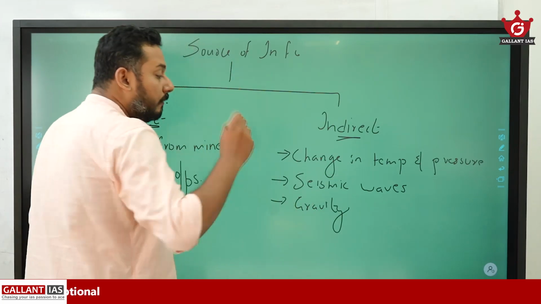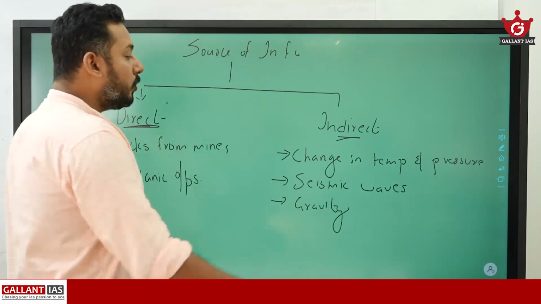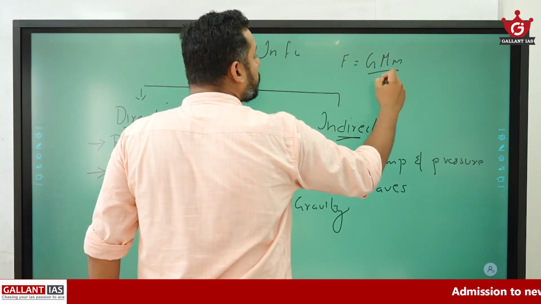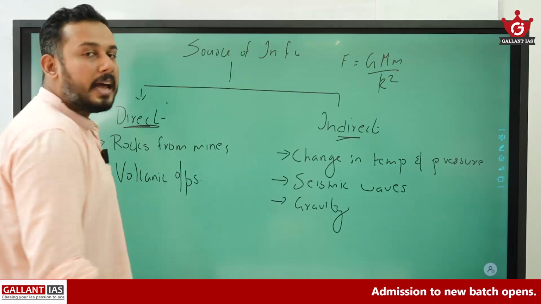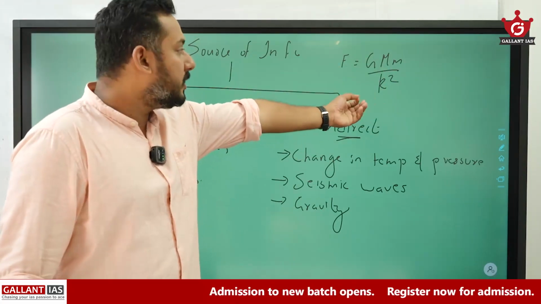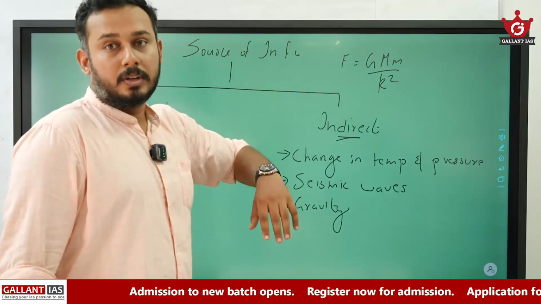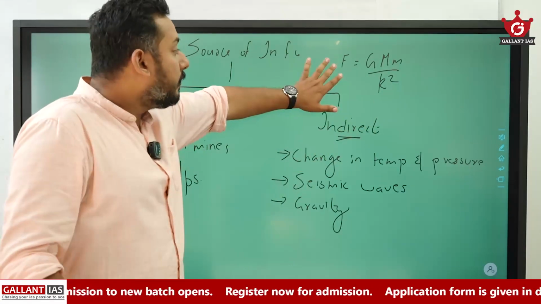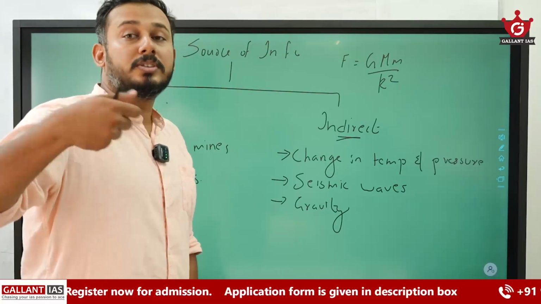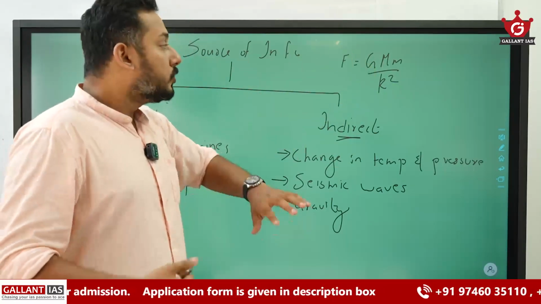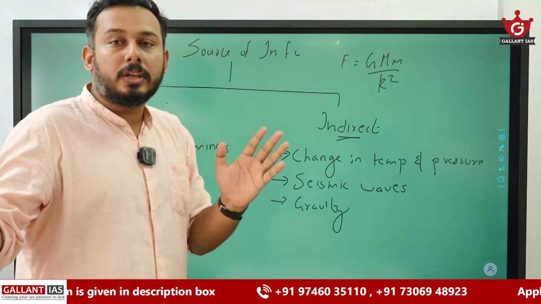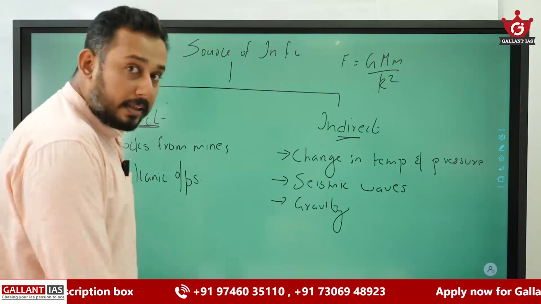For example, we know the basic formula for gravity: force is equal to GMm by r squared, where G is the gravitational constant, capital M is the mass of Earth, small m is the mass of the object, and r is the radius of Earth. So where the radius is high, the gravitational force will be less. That's why we have less gravitational force at the equator compared to the poles. So we at least know that at the polar region, the radius is less compared to the equator. So gravity is another source.